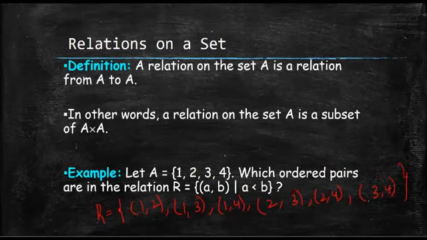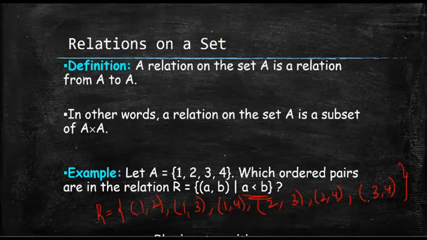So this is the relation R such that it satisfies this property. Now we can also represent relations by using a graph-like structure. So let's see that.